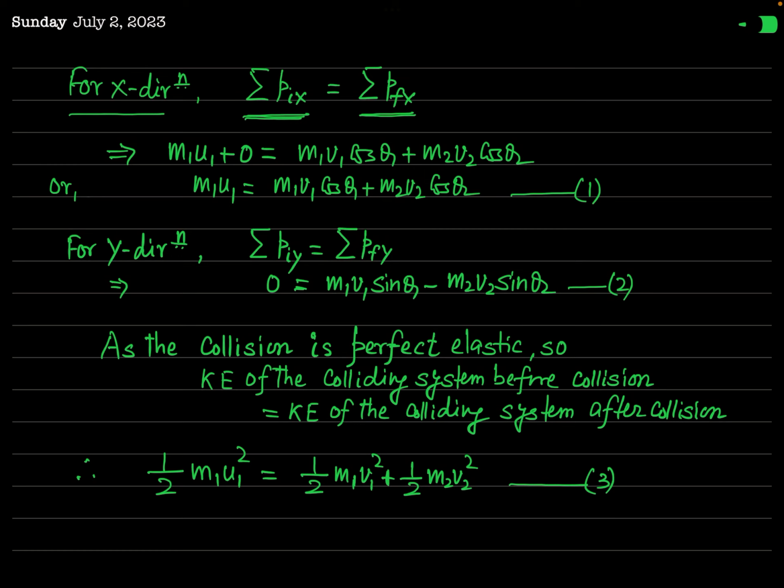Now, since in our problem there are two colliding bodies, the first one of mass m1 and another of mass m2, before collision only mass m1 is moving and its velocity u1 is already in the x direction. So there is no need to resolve it because u1 is completely along the x direction.